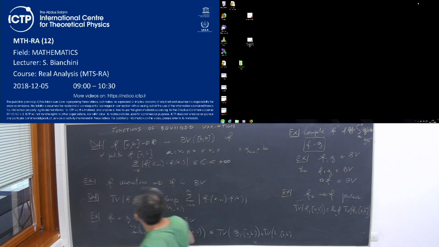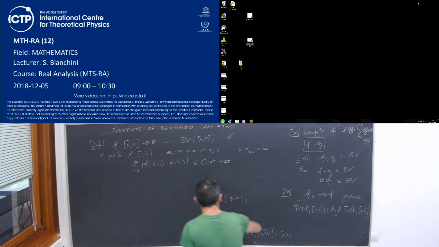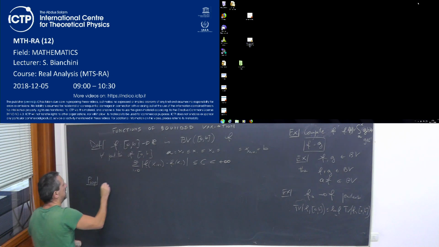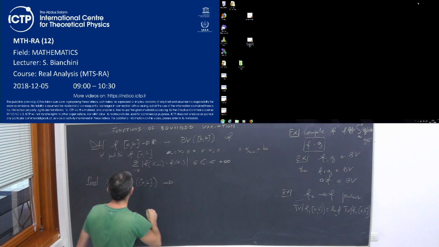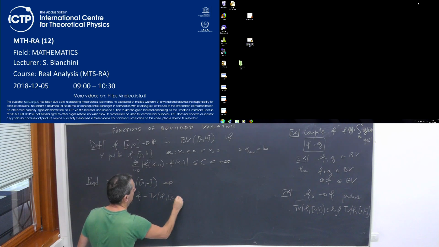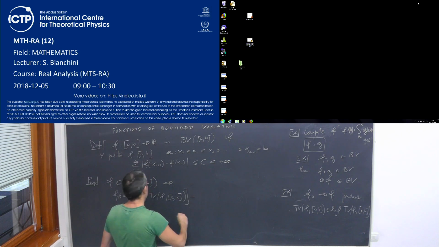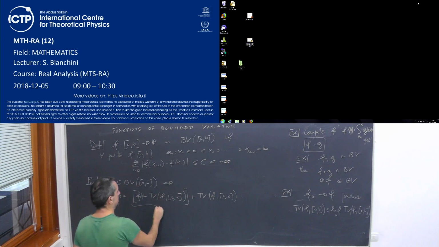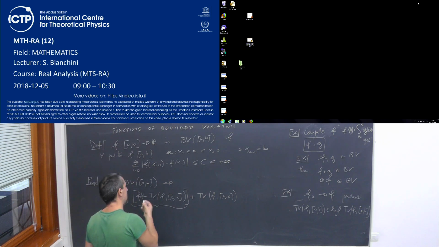Now I want to prove the following. So if f is BV in AB, then f, I write like f minus the total variation of f in AX, plus the total variation of f in AX, and this is monotone increasing.